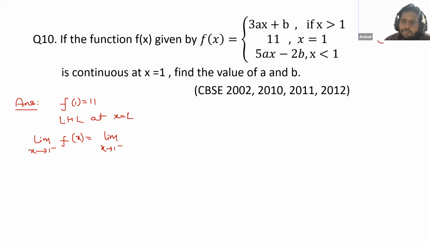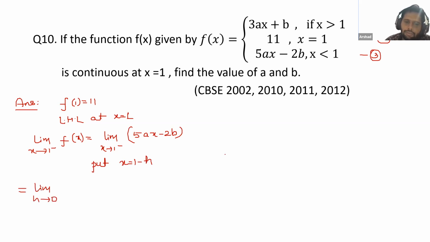This is first, this is second, and this is third. Okay, so we will use the third one, 5ax - 2b. Put x is equal to 1 - h. So what will you get here? Limit h tends to 0, because we know that when x approaches 1 minus, h approaches 0.